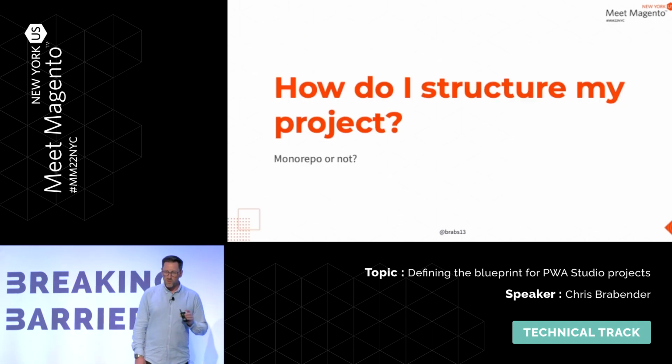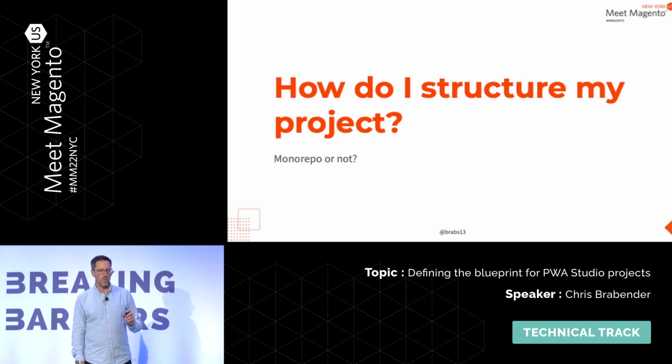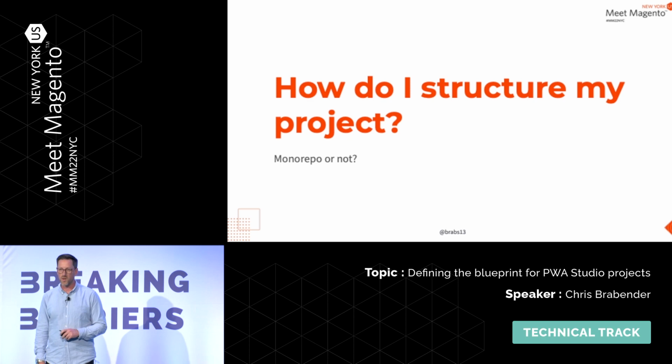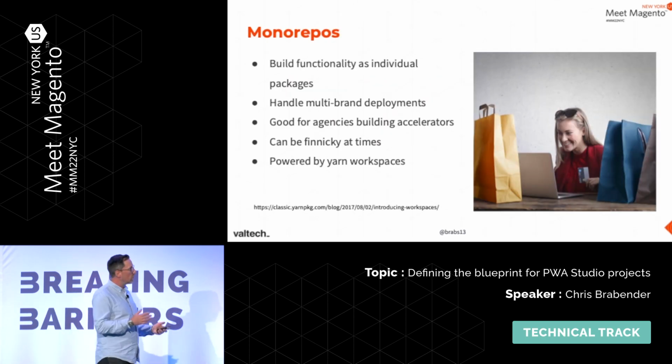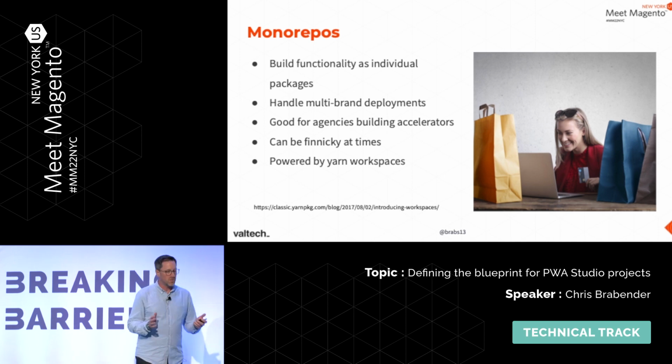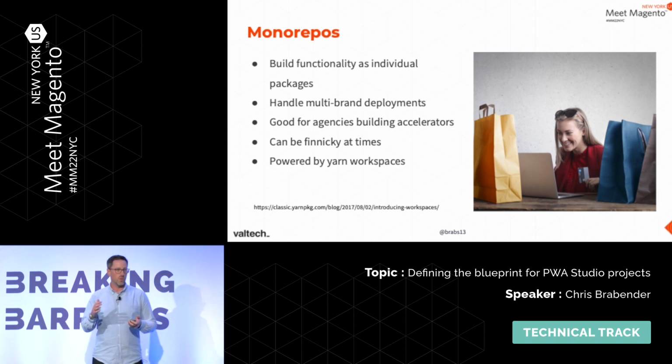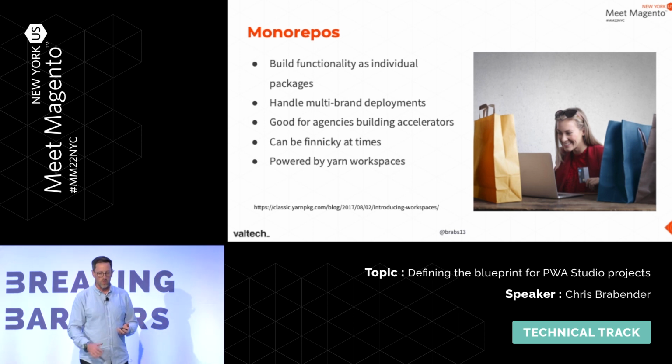So when we talk about structuring our project, do we want to go with a monorepo, or do we not want to go with a monorepo? That's one of the big questions we have on setting up most of our projects. So monorepos are great because we can build functionality as individual packages, and we can separate code into their core components. We can also handle multi-brand deployments, and I'm going to talk about this a little bit later. It's also really good for agencies. So I know there's a lot of agencies here today.